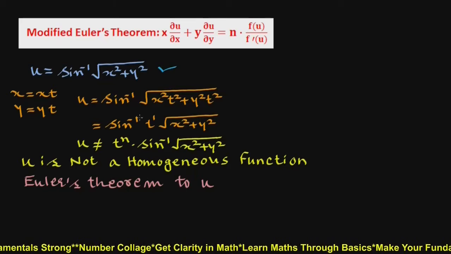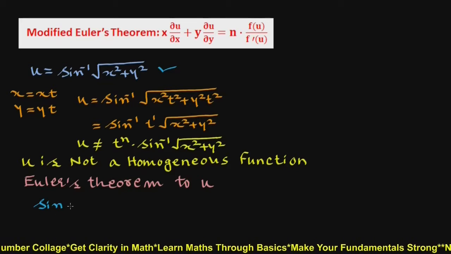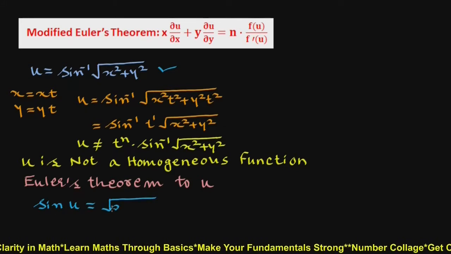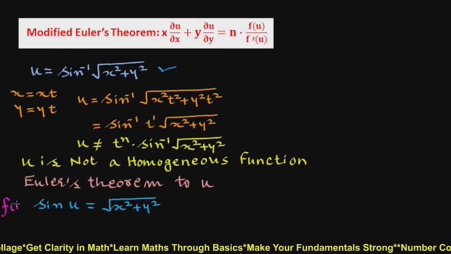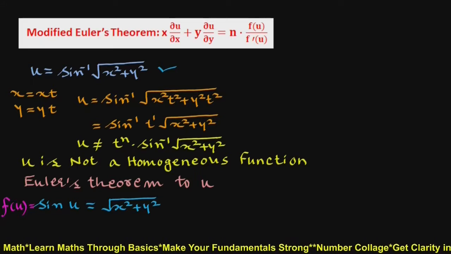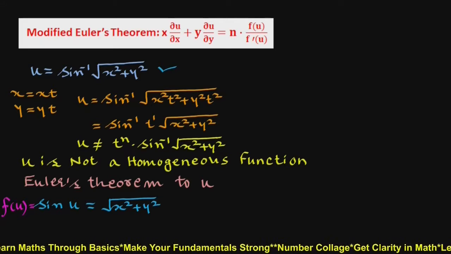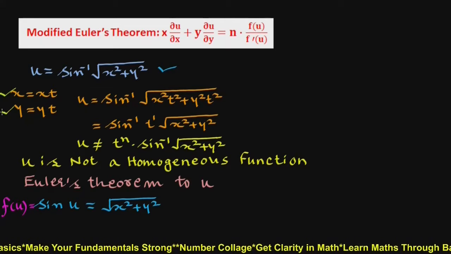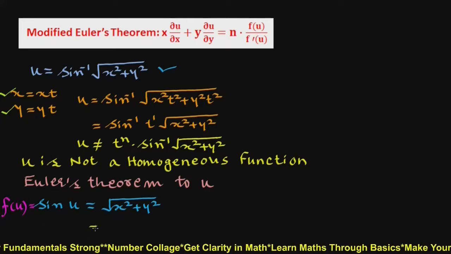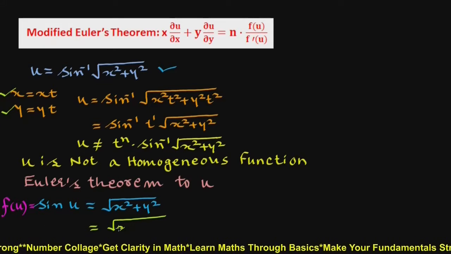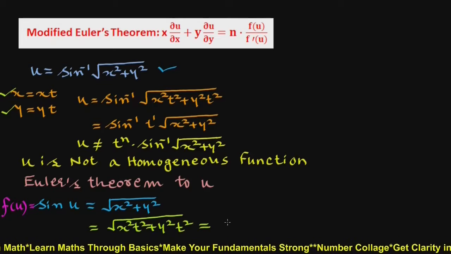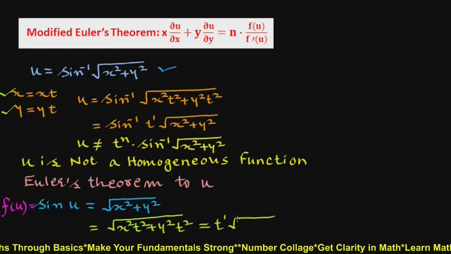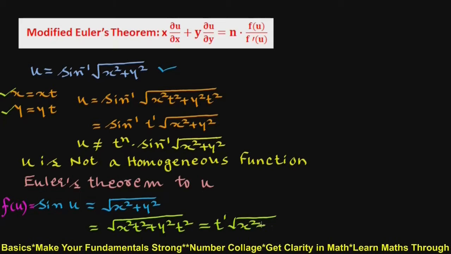but we can write function u as sin u = square root of x² + y². Let us name sin u as f(u), and in this, if we put x = xt and y = yt, this will become the square root of x²t² + y²t², which is t¹ times the square root of x² + y².